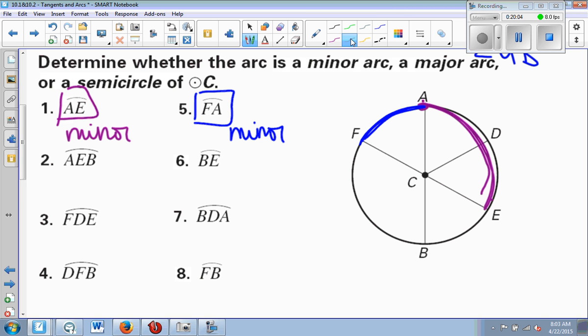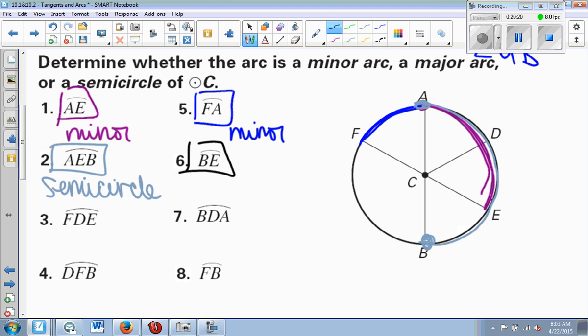If I do AEB, start at A, go to E, down to B, since we've moved half of a circle, this is a semicircle. BE, I start at B, shortest distance to E, that's a small arc, so it is a minor arc.